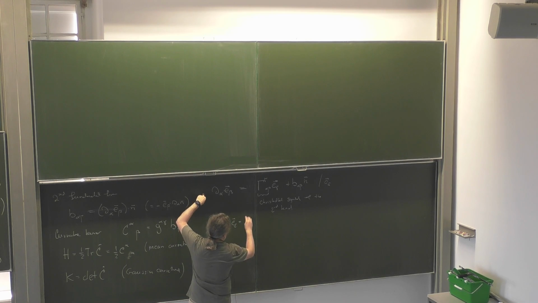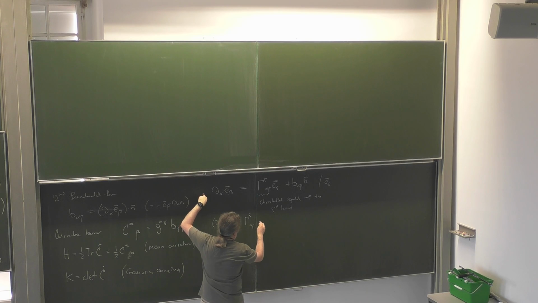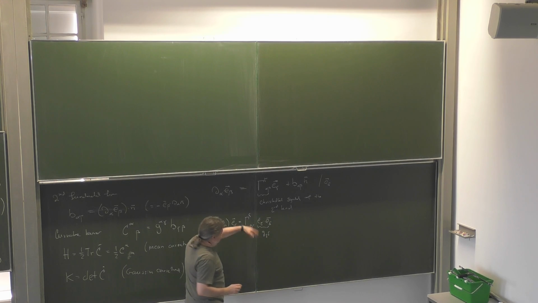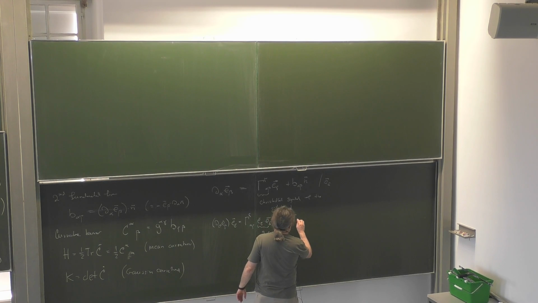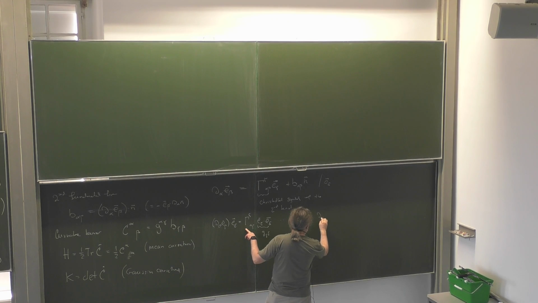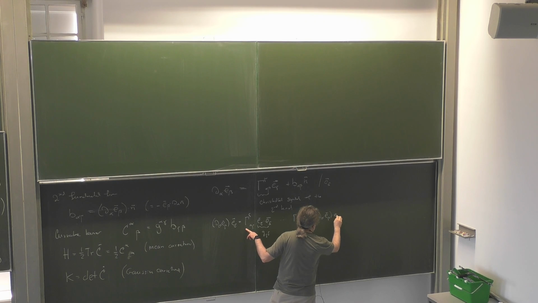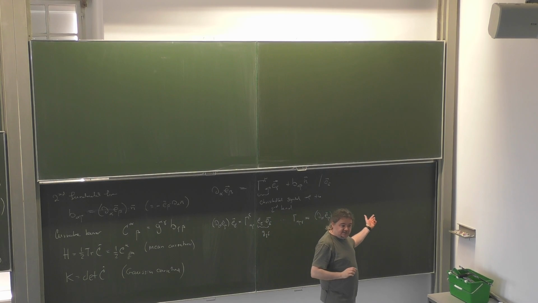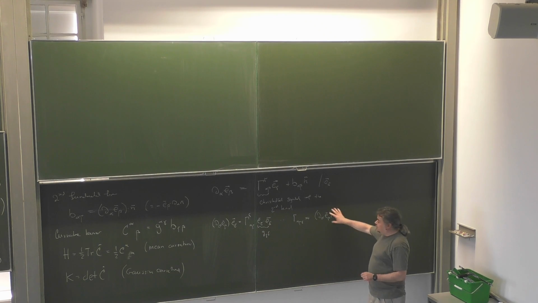And on the other side, you're going to have something which is alpha beta gamma, and then you're going to have E gamma dot E delta, which is going to give you G gamma delta, and then you can lower indices, and you can see that you're going to have something which looks like alpha beta gamma, which is going to be some kind of combination of alpha E beta dot E gamma. So it's a little bit more complicated, but it's just a sum of terms which look like this.